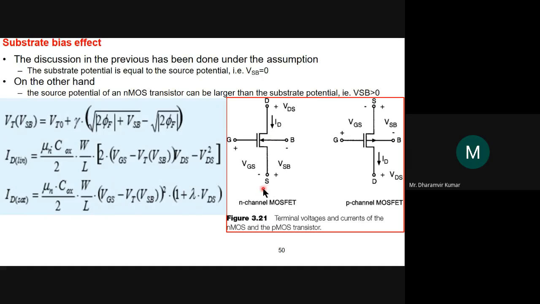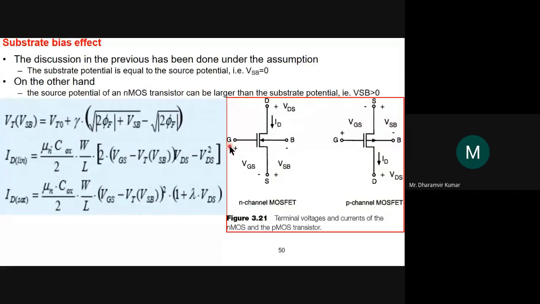This is the source, and this is the gate, and this is the drain, and this is the body. Okay, B for body or bulk, right? And the symbol you are aware of, how the symbol is drawn for N-channel MOSFET.